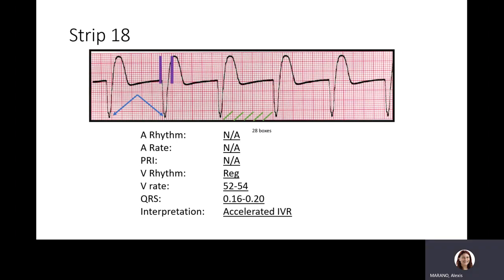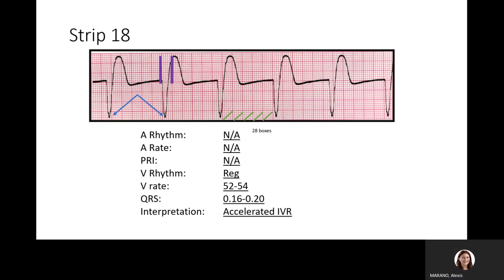Strip number 18. Again, no P waves. So my atrial rhythm, rate, and PR interval are all NA. My ventricular rhythm is regular. I'm getting a rate between 52 and 54.